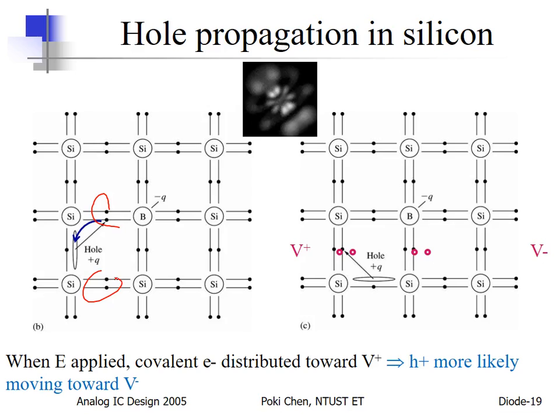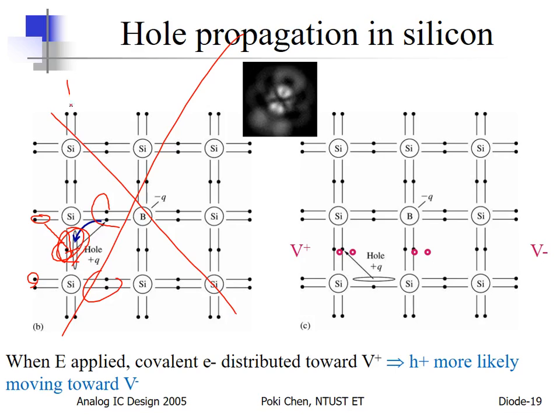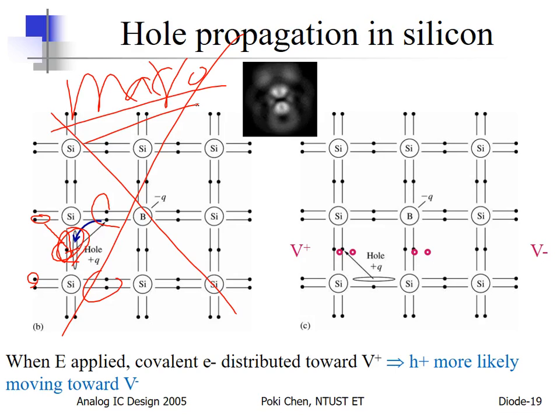They are neighbors, but you are roommates, so it is more likely to be filled by your roommate. In that way, the hole will be here, right? Again, the probability to be filled by this or by that is exactly the same. So on average, the hole moves up, down, left, right, exactly the same. So on average, no movement. I mean, from a macroscopic view, the electrons and the holes don't move.